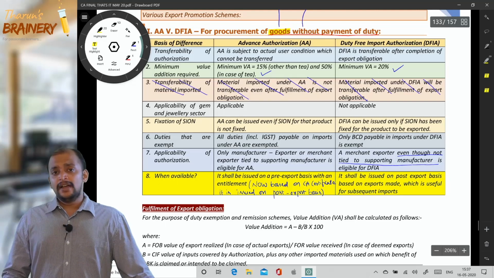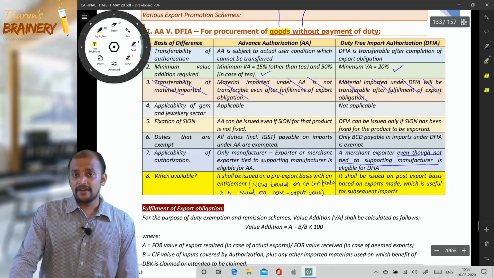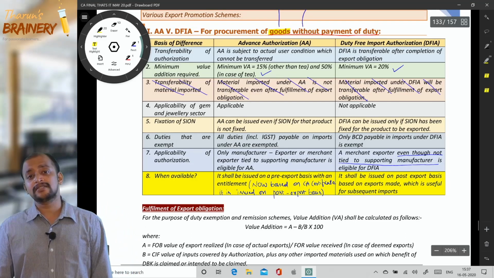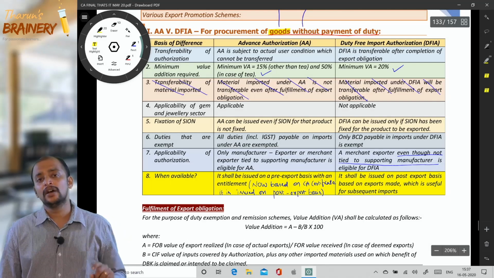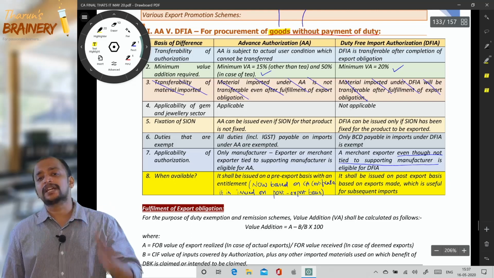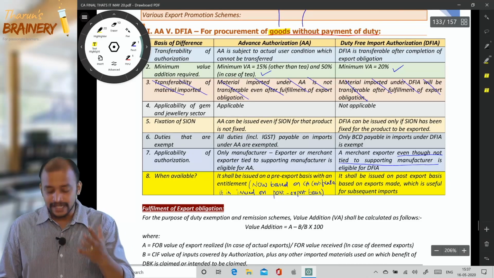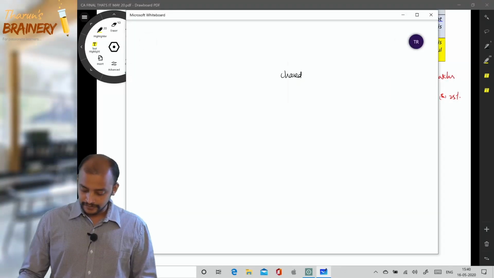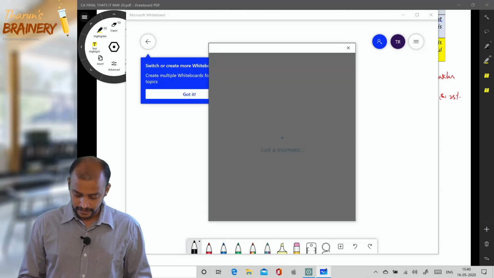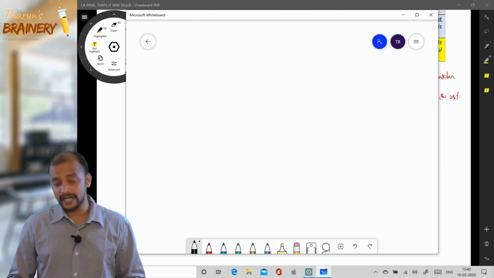Then, when you take CAF value of imports, should only imports under advance authorization be considered, or DFIA alone, or even other imports? I am calculating the value addition.